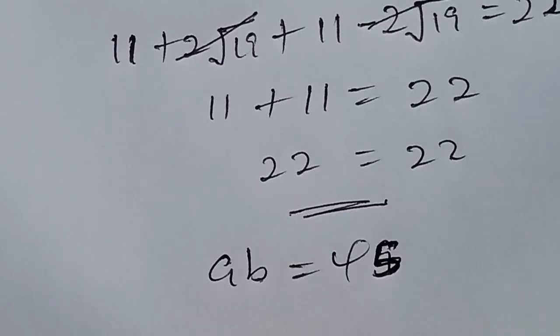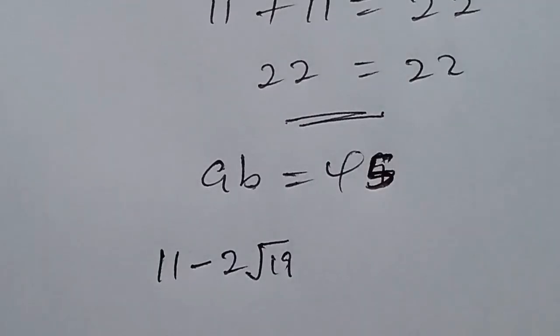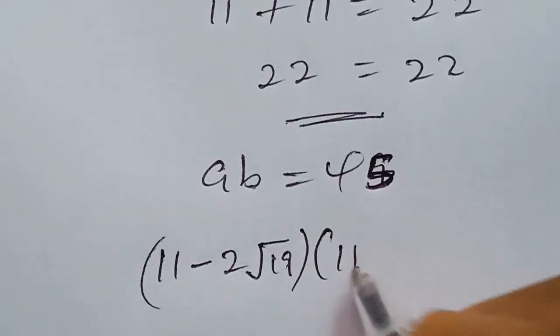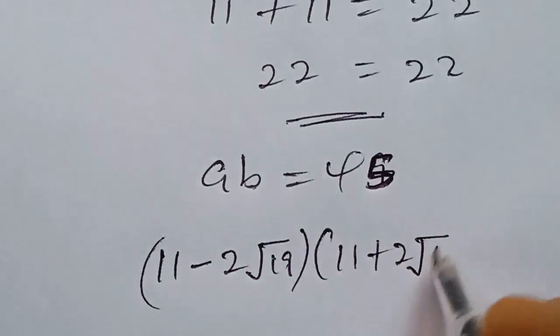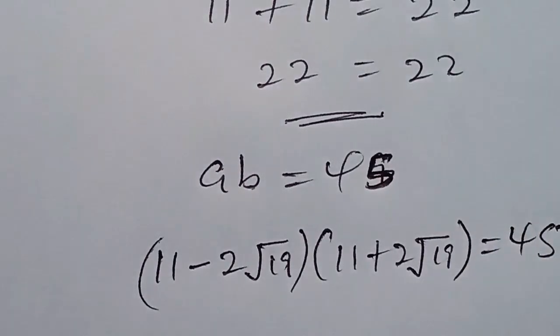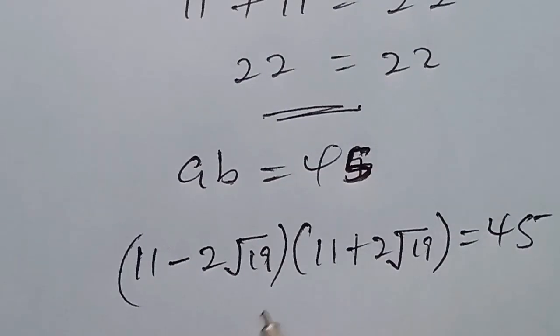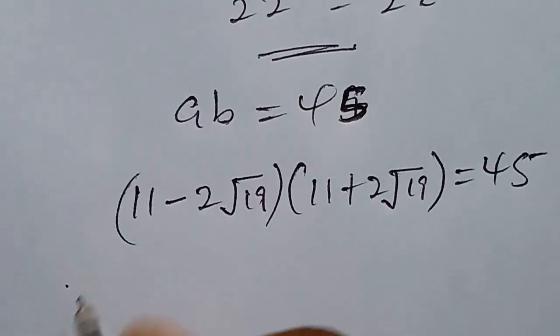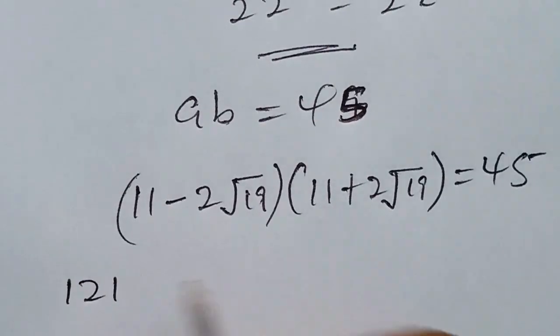So that gives us 11 minus 2 square root of 19 multiplied by 11 plus 2 square root of 19, everything equals to 45. So if we multiply the two brackets, we are going to have 121.